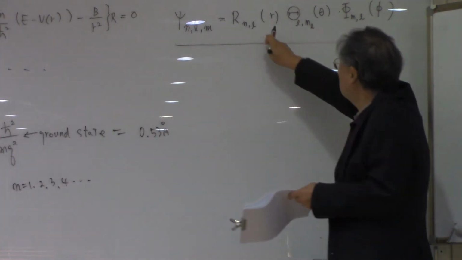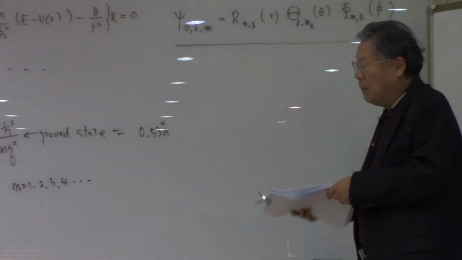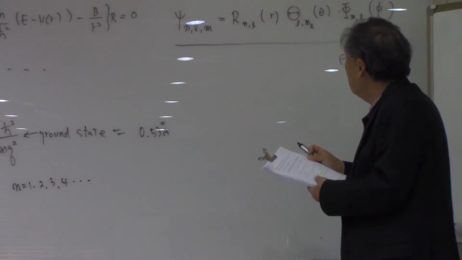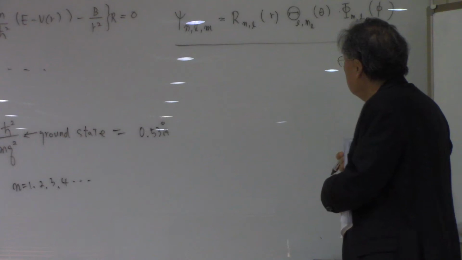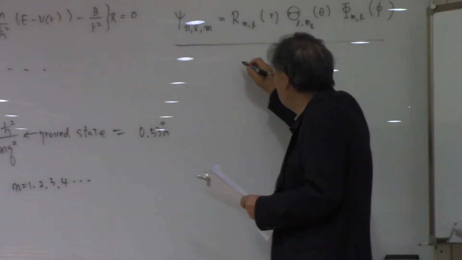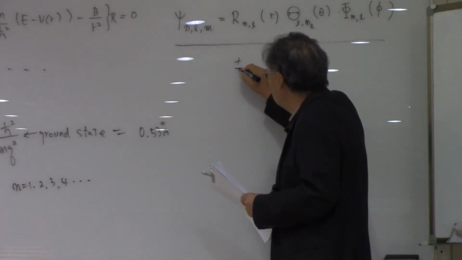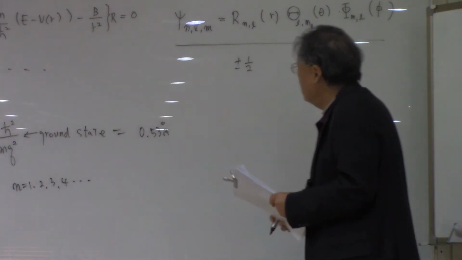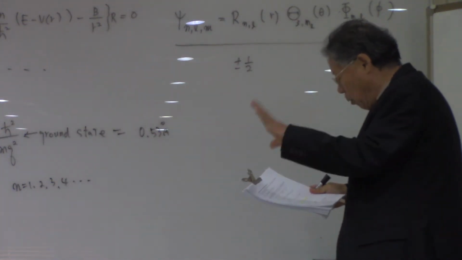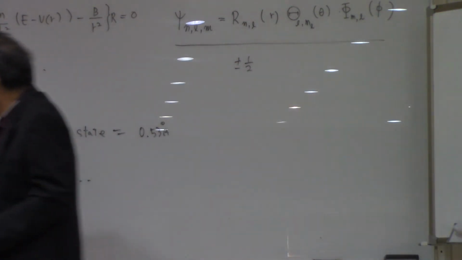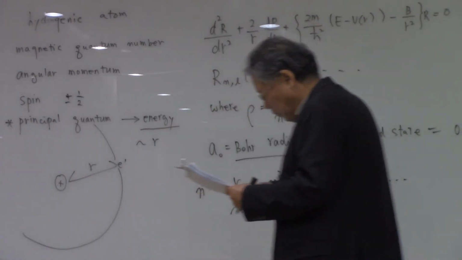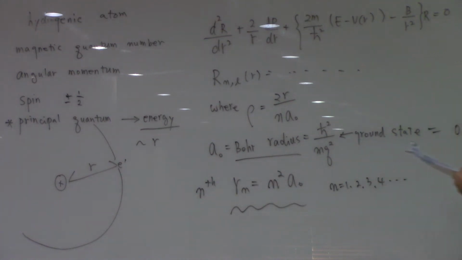It consists of three quantum numbers, three equations actually, plus we have a spin quantum number which is plus or minus 1/2. So it consists of four quantum numbers. The energy states of the electron are going to be related to the four quantum numbers.